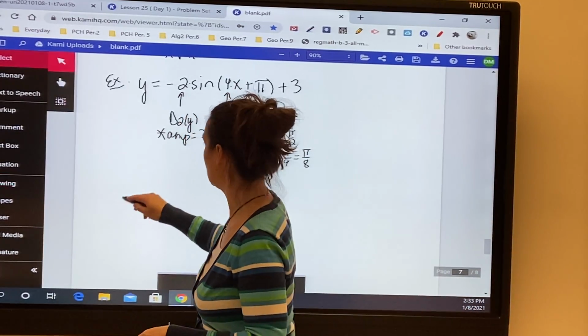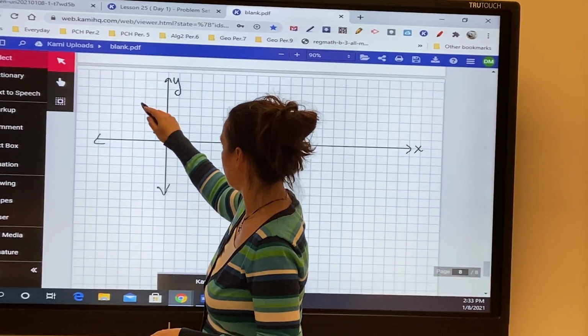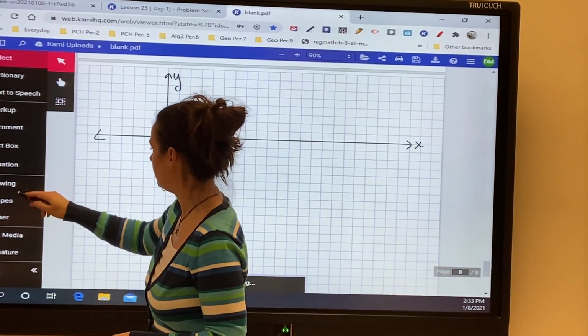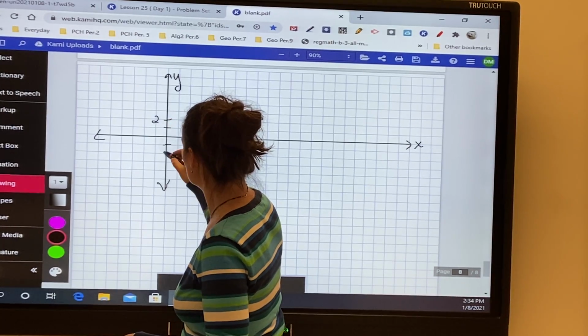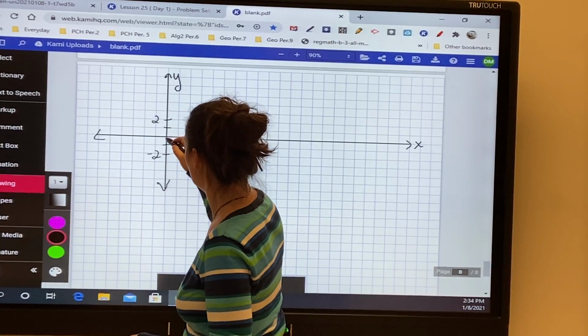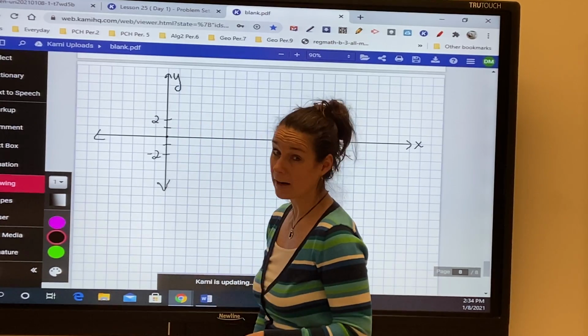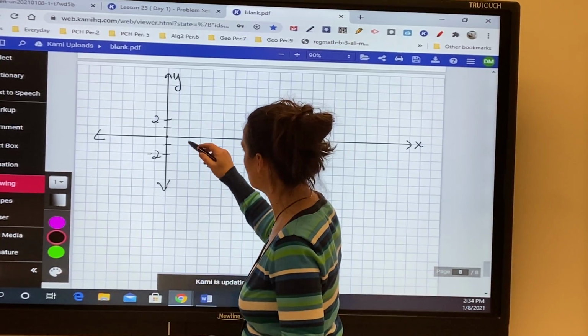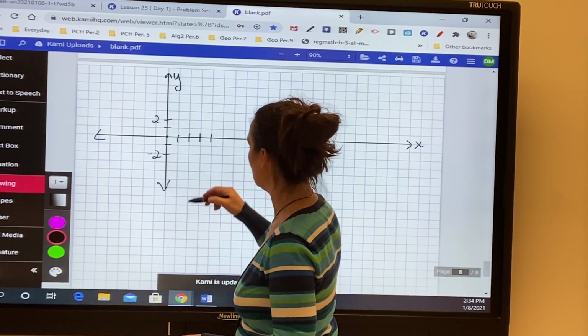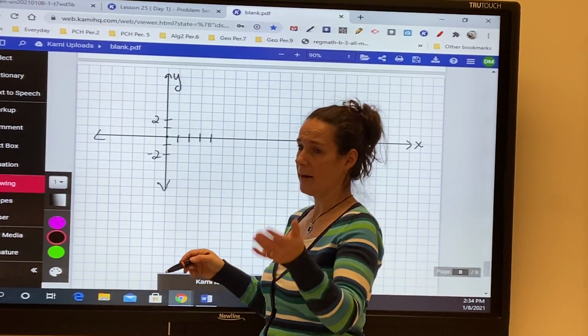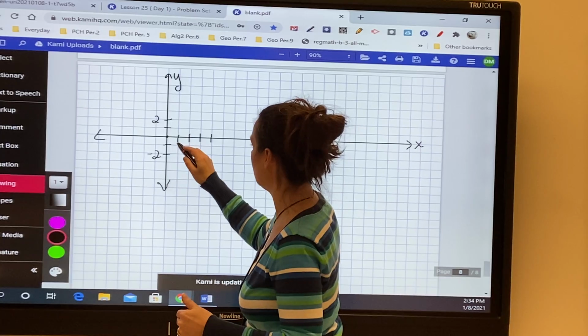So let's come over here, and I'm going to give myself an amplitude of 2. I'm just going to go up 2 boxes, 2, down 2 boxes to -2, and I've got my scaling, which is pi over 8. With the sine function, every interval gives me my next critical point, which is going to be at pi over 8 radians.